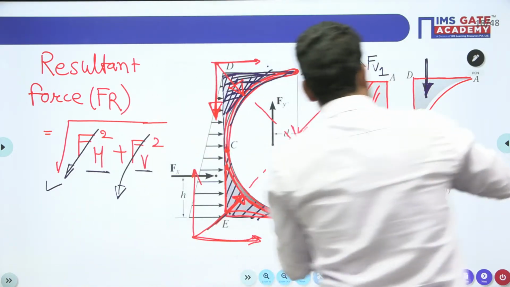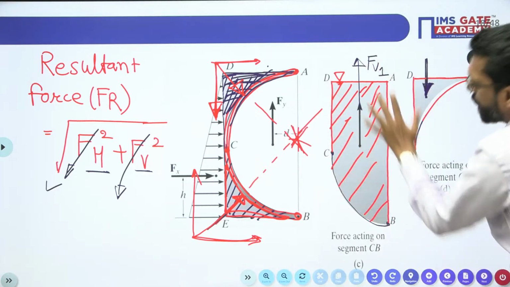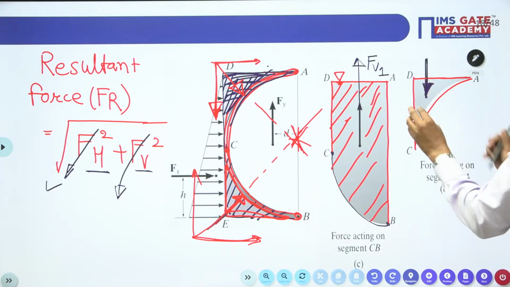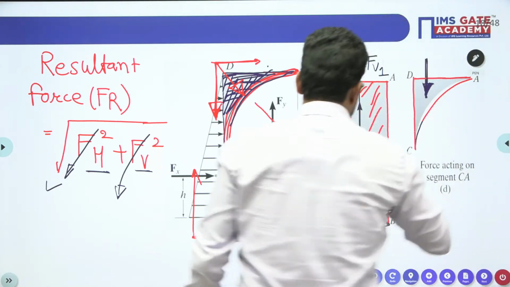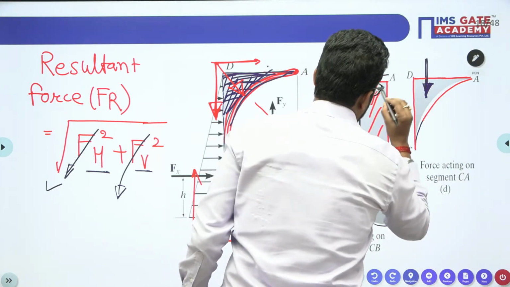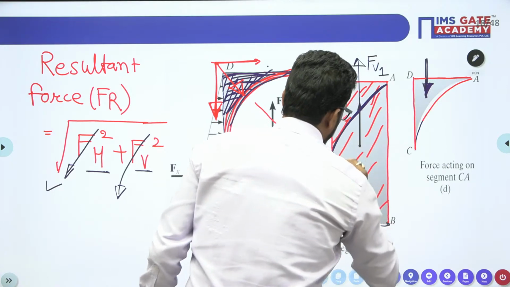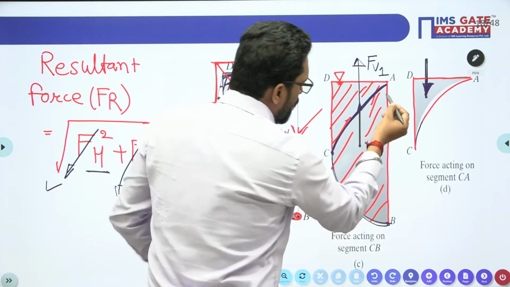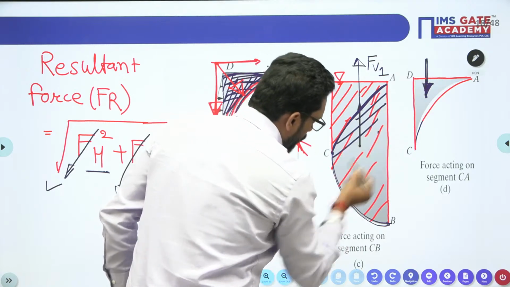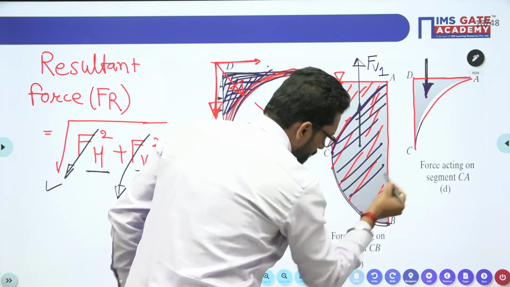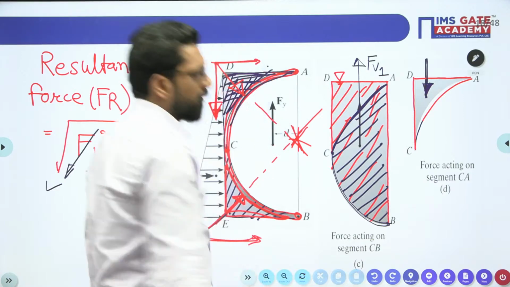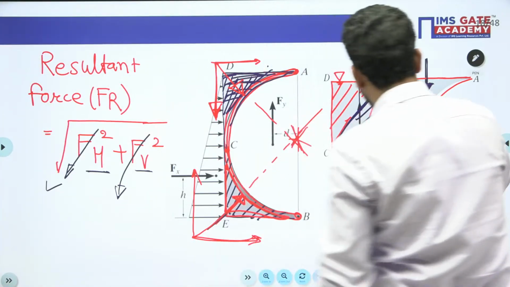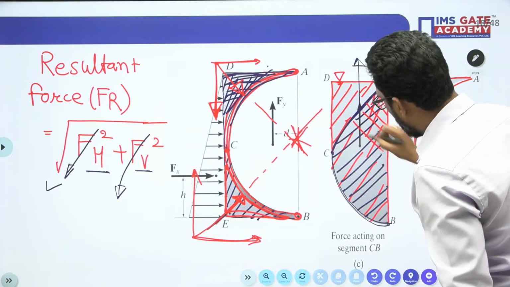If we take the weight of this fluid and the weight of this fluid, this portion and this portion are the same, so only this portion you have to consider.